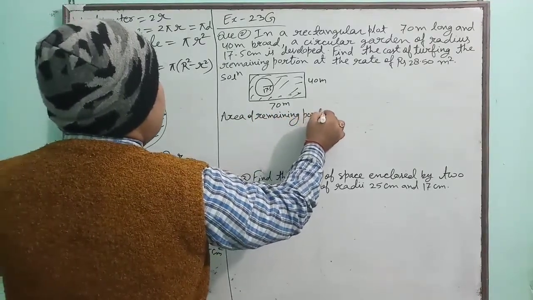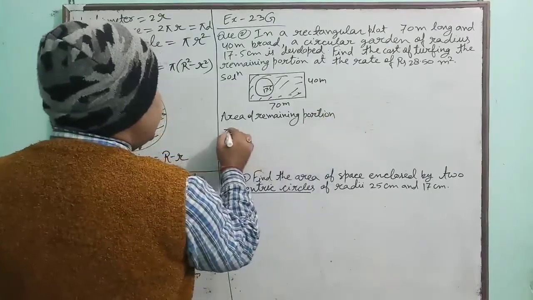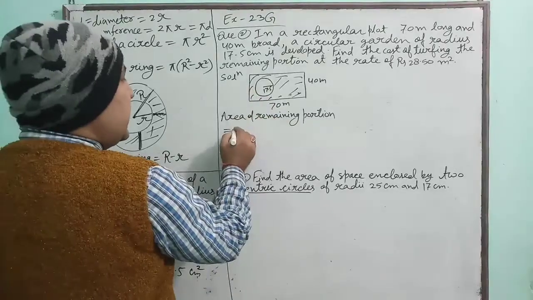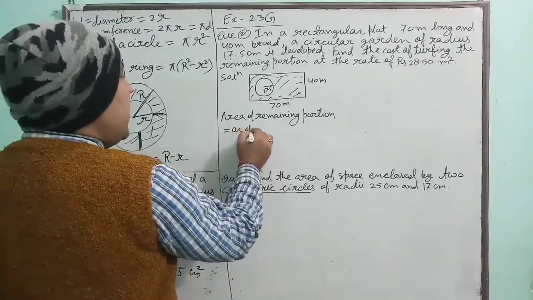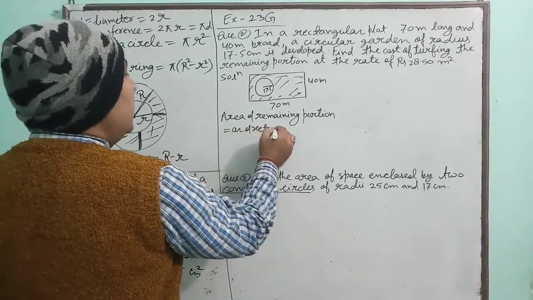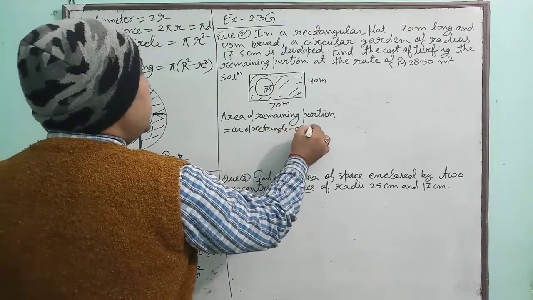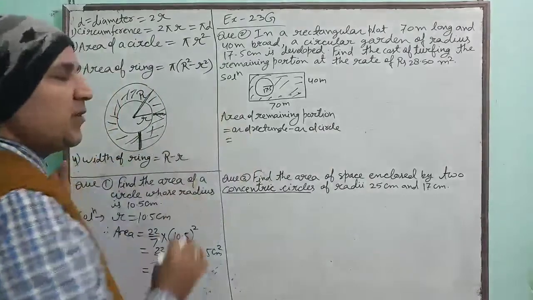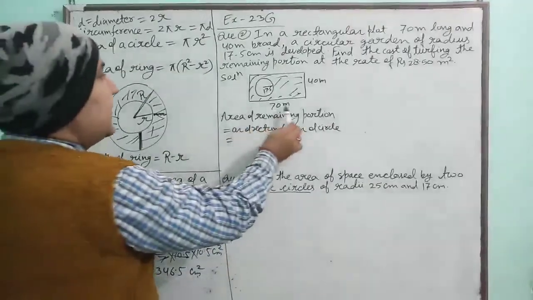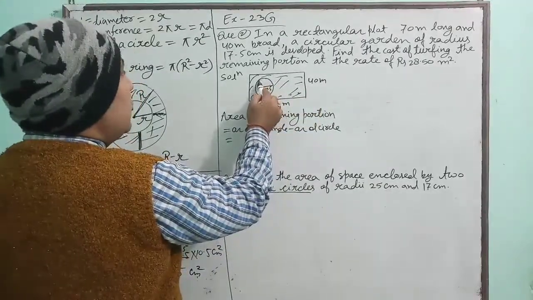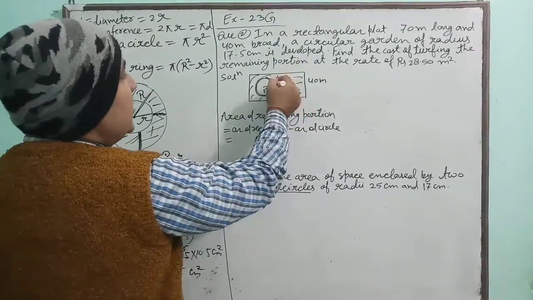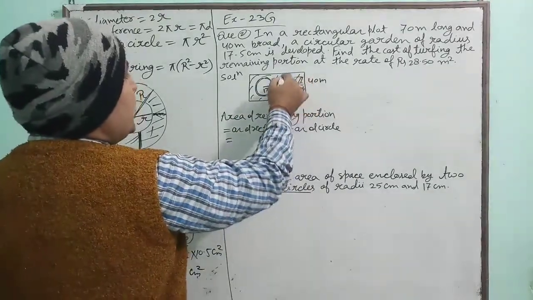Area of remaining portion is equal to, if you draw the diagram then very easily you can see that area of rectangle minus area of circle. Are you watching from the figure? In the rectangular plot, one circular garden has been made. Then we have to find the cost of turfing the remaining portion.